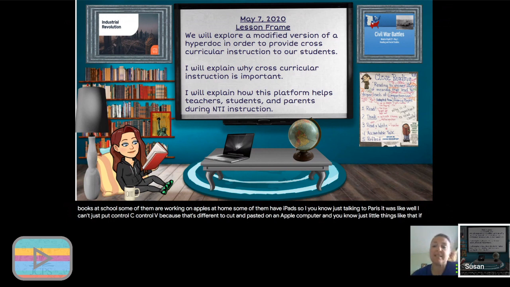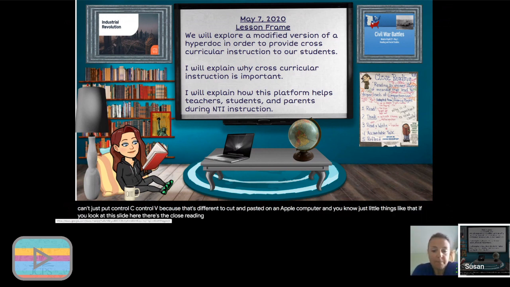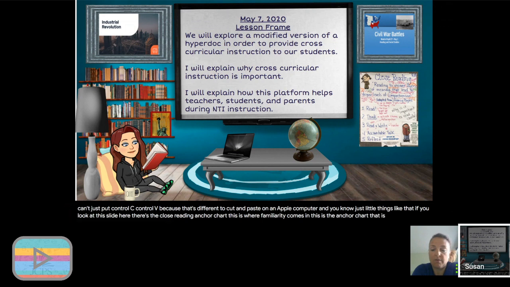If you look at this slide here, there's the close reading anchor chart. This is where familiarity comes in. This is the anchor chart that is in our reading classroom. So students are very, very familiar with this chart. And I didn't want to throw anything new at them.